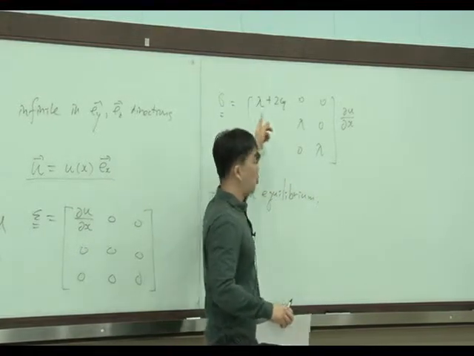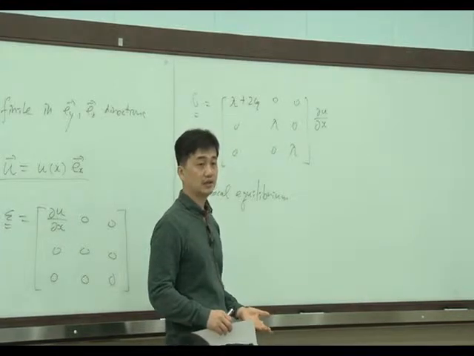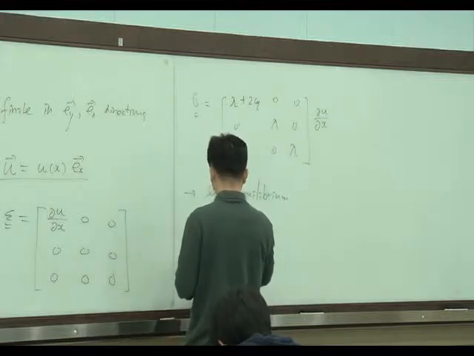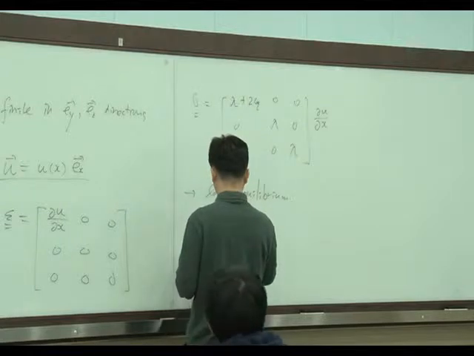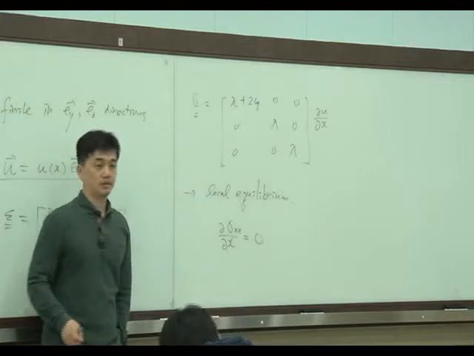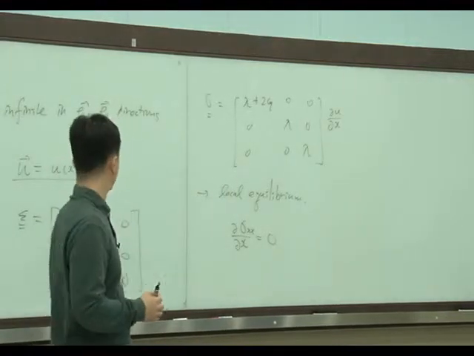But all these stresses are only functions of x, so we will have only one local equilibrium equation, which is not trivial: stress XX,x is 0. This is the local equilibrium equation. Okay, this is just a one-dimensional problem.